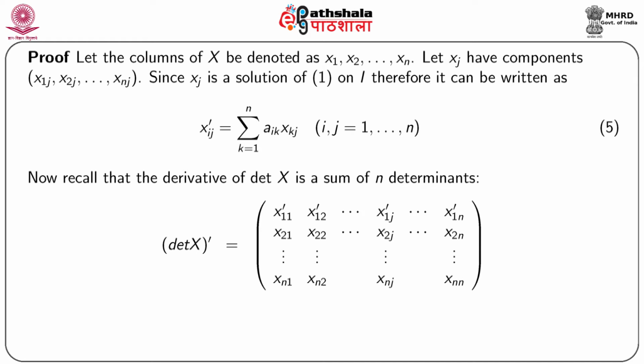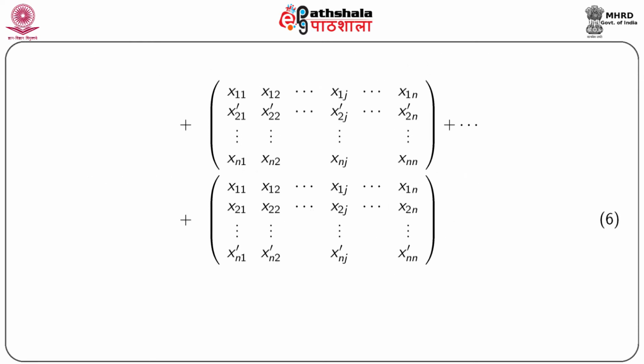If we differentiate determinant X, we get the determinant whose first row has all derivatives, that is x11', x12', ..., x1j', ..., x1n', plus the determinant with the second row all derivatives, x21', x22', ..., x2j', ..., x2n', and so on.